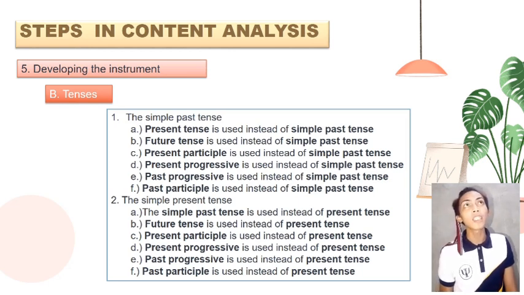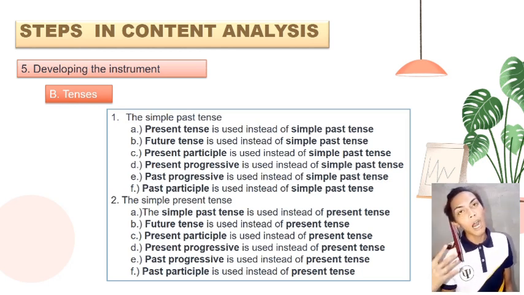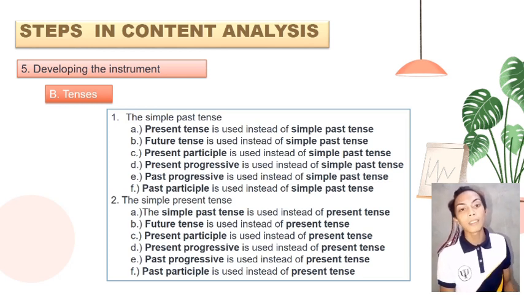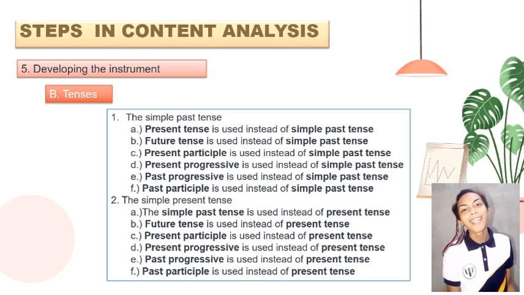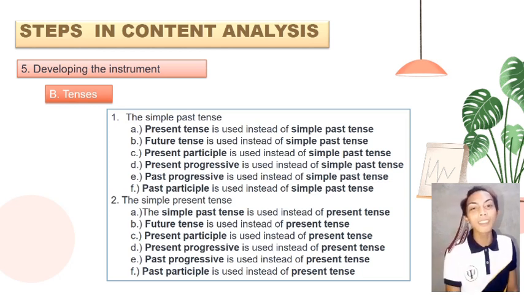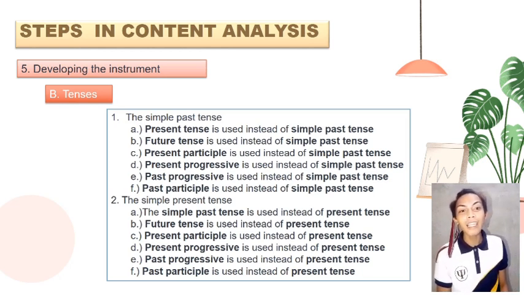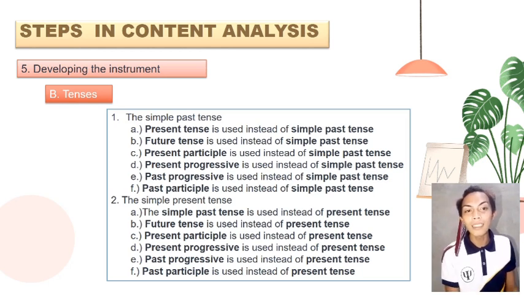Because in simple past tense, it happened already, it has already occurred. So some are using this, such as the past participle is used instead of the simple past tense. And then in simple present tense, A is the simple past tense is used instead of present tense.